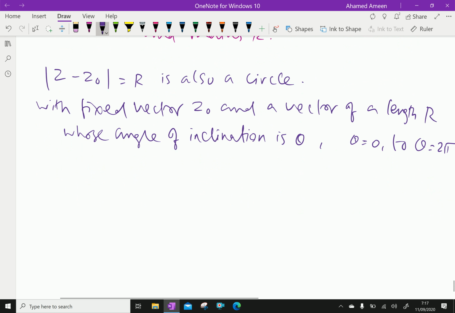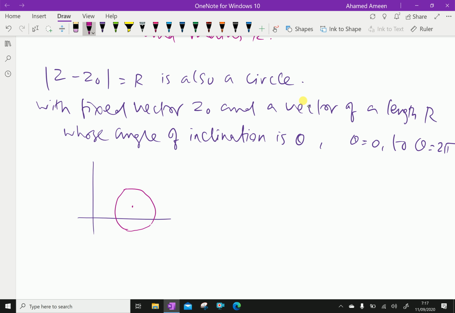Now we can represent this in an Argand diagram like here. Suppose we consider a circle here.